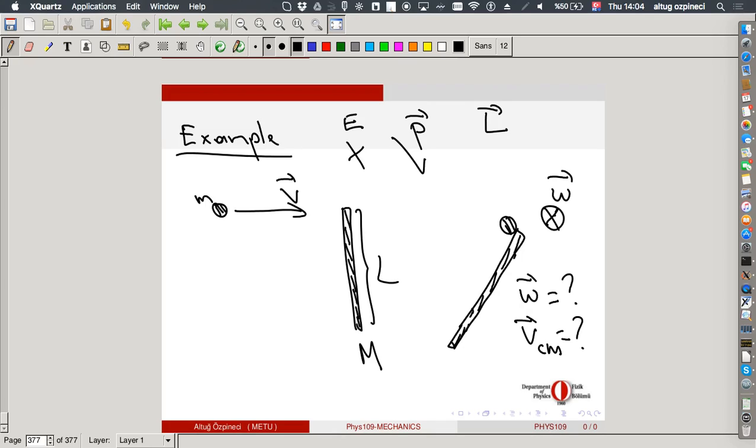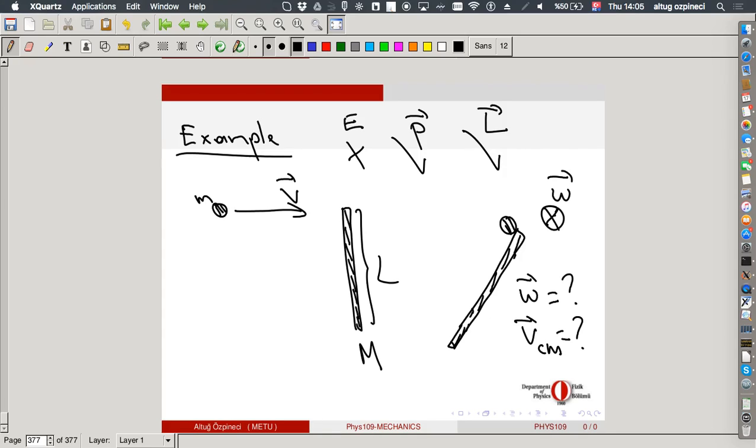Is the angular momentum conserved? You see, the rate of change of angular momentum is given by the external torque acting on the system. Is there an external torque acting on my system? There is no external torque acting on my system, so angular momentum is conserved.